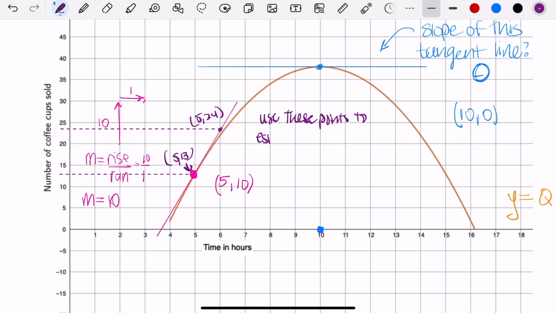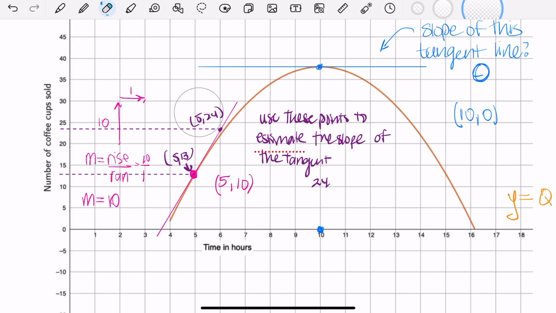Then you can use these 2 points to estimate the slope of the tangent. Excuse me, I made a mistake here. Oops, that should not be a 5, that should be a 6. This is the point 6 here. Let me fix that. There we go.